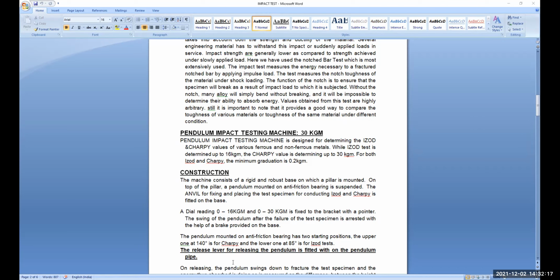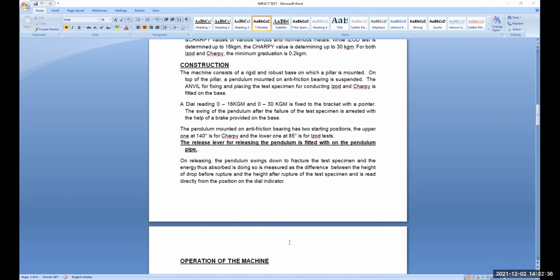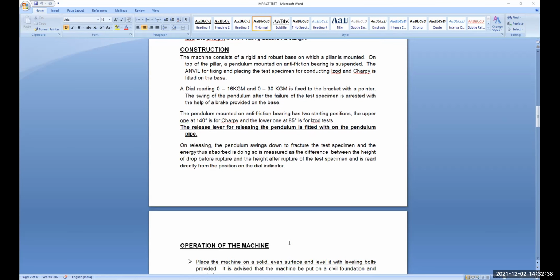There are two positions from where the pendulum will be released. The upper position is 140 degrees, which is meant for the Charpy test, and the lower position is at 85 degrees, which is meant for the Izod test. A release lever for releasing the pendulum is fixed on the pendulum pipe.